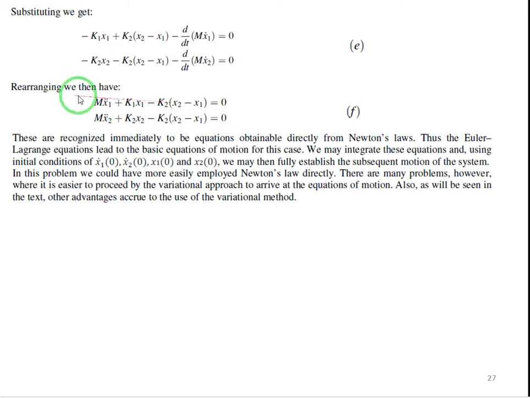If we know the value of x1 and x dot 1 at time 0, and the value of x2 and x dot 2 at time 0, we can easily solve the above equation. You may be familiar with the procedure of the solution of this equation from your previous lectures.